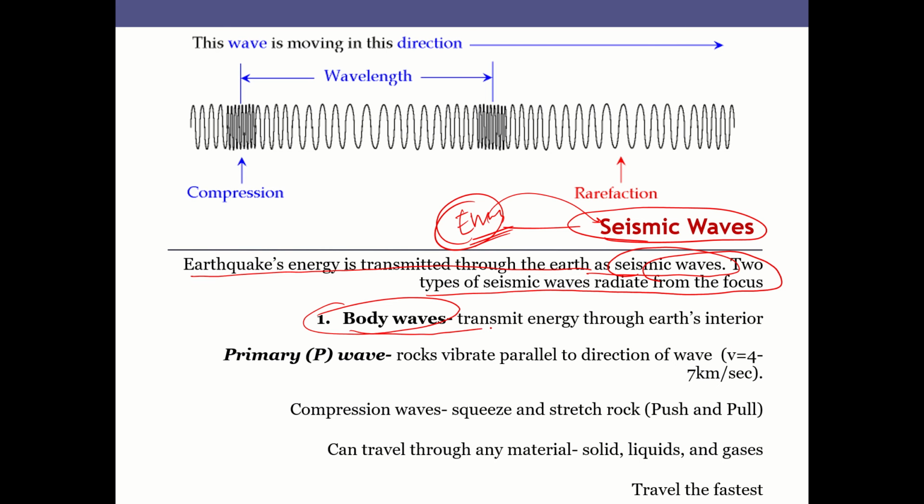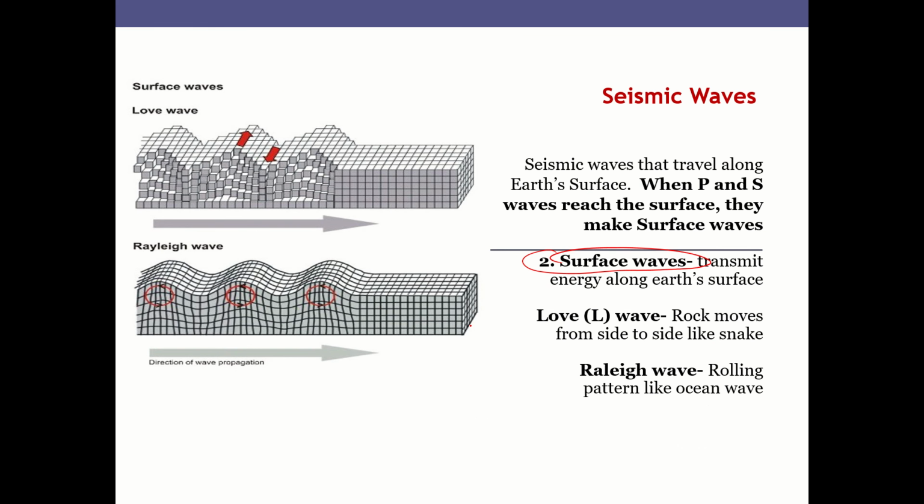Body waves transmit energy through the Earth's interior. Only under the Earth's surface, the energy is transferred. The seismic wave is transferred. Whereas the surface wave, the terminology itself is sufficient for explanation.